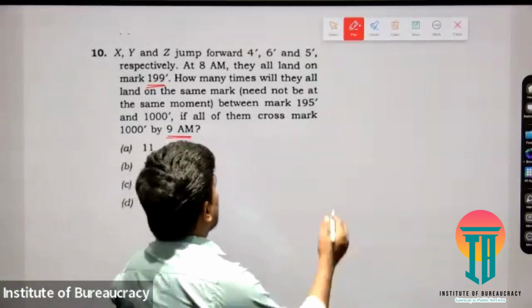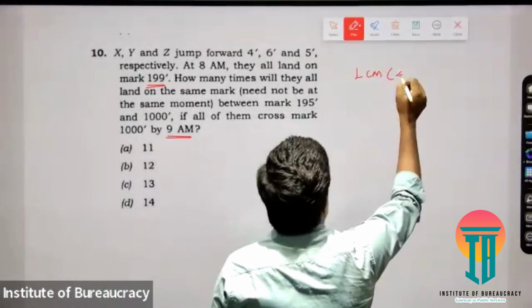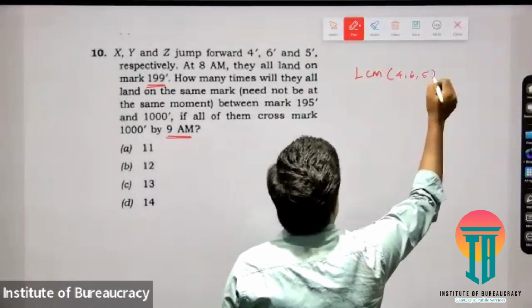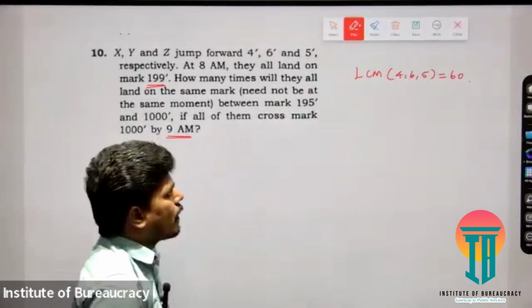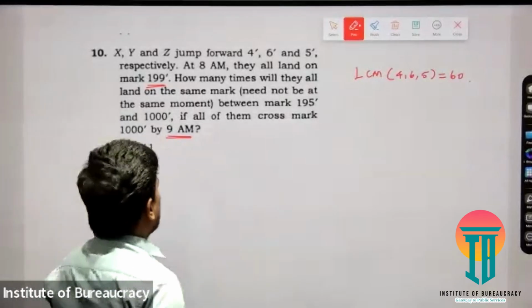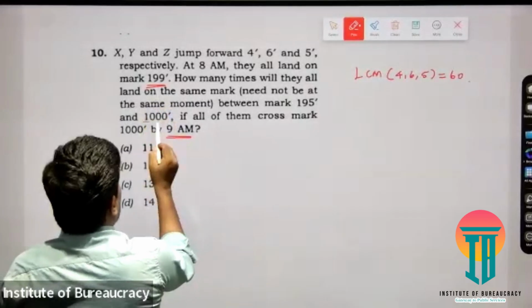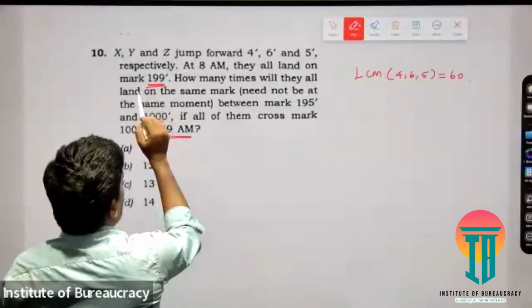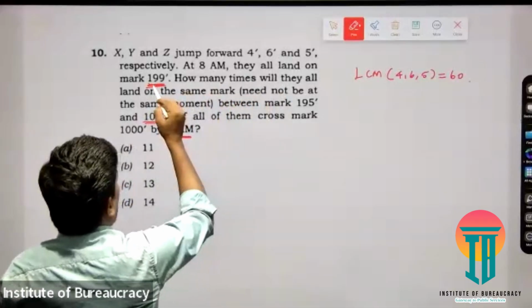It is based on LCM. First, you need to find the LCM of 4, 6, 5. It is going to be what? 60. Okay. So LCM is 60. They all land on mark 199.